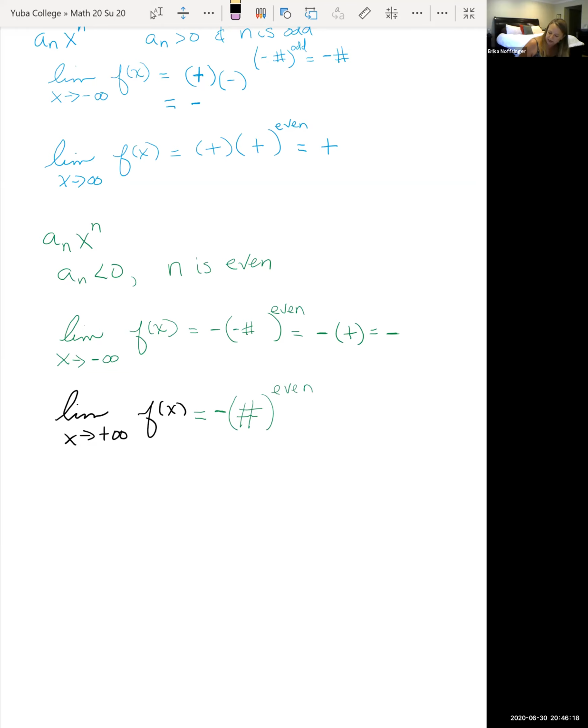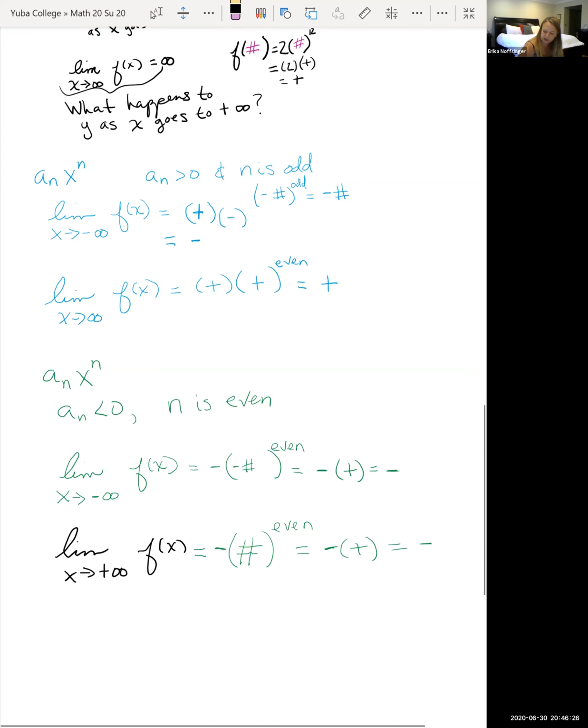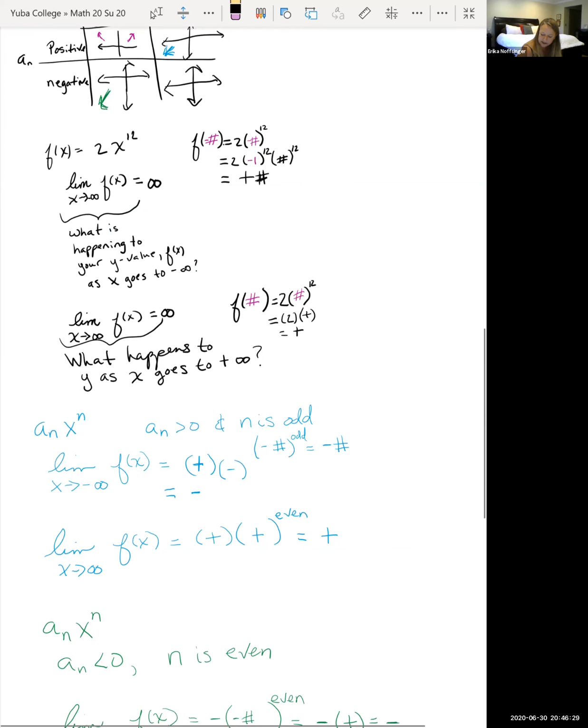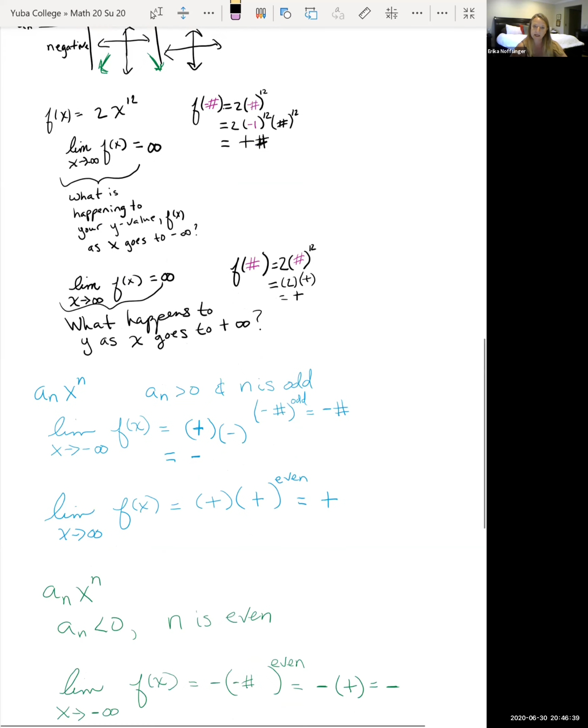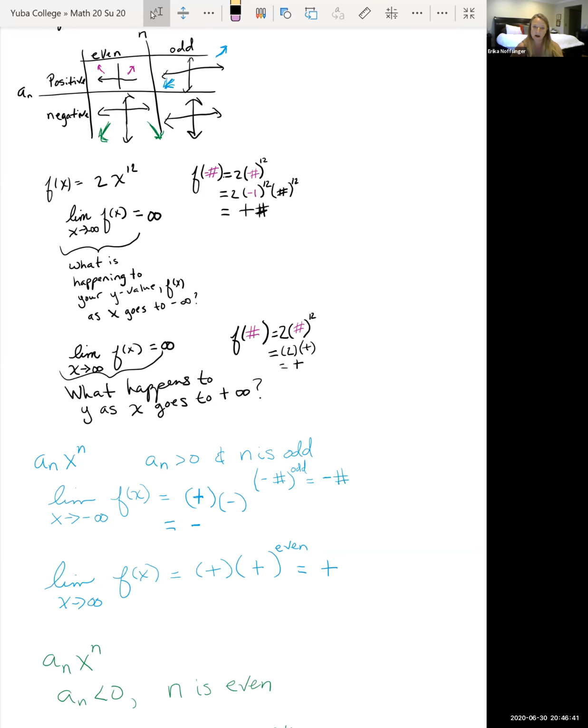So this is equal to a negative times a positive, which is also negative. So it's shooting downwards, going to negative infinity as x goes to positive infinity. And then one more case scenario is when you have a leading coefficient that's negative and an odd degree.